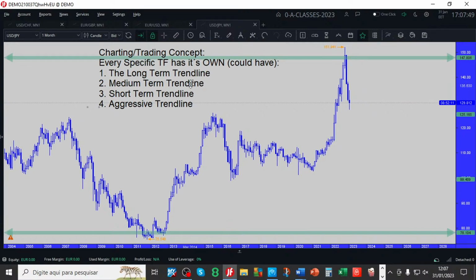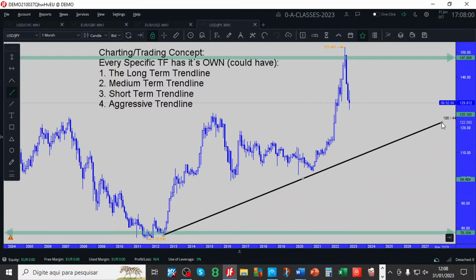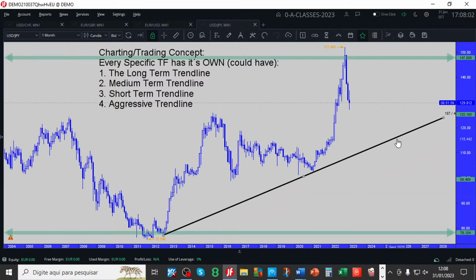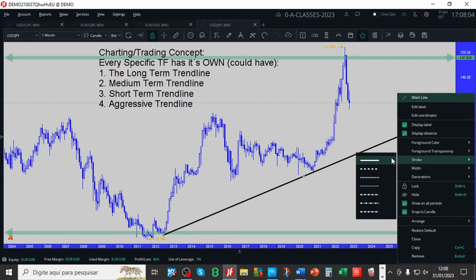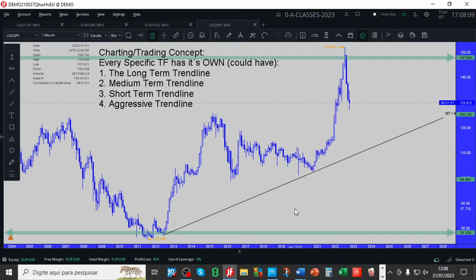So we've learned, right? We are going to stretch, and then we are going to do something like this, and even better, something like this. Everybody, is this trend line correct or not correct?